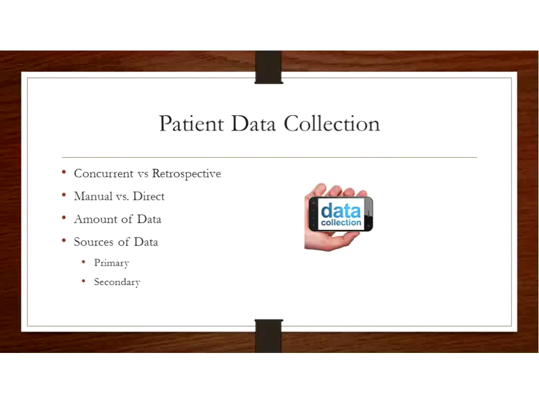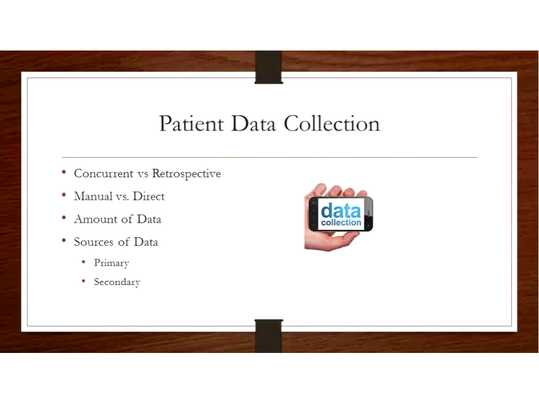These are large databases with a collection of abstracted information on a particular condition that we may have interest in. And finally, the last secondary source we're going to talk about is your incident reports. We use incident reports to assess risk in the facility, and also to minimize and eliminate potential risk.